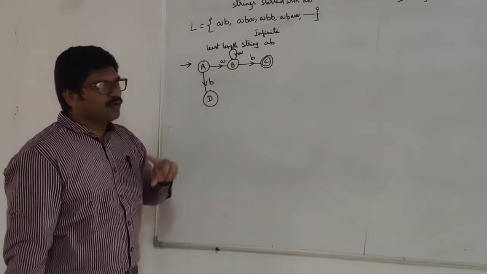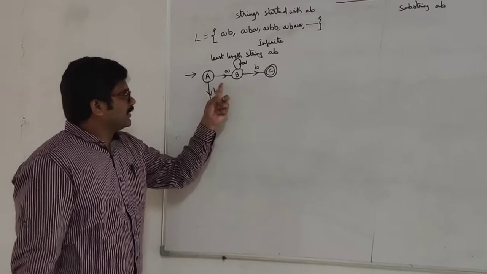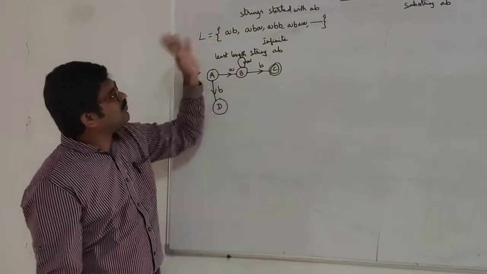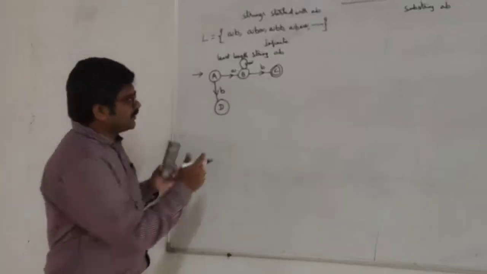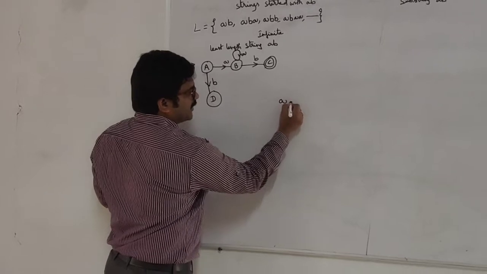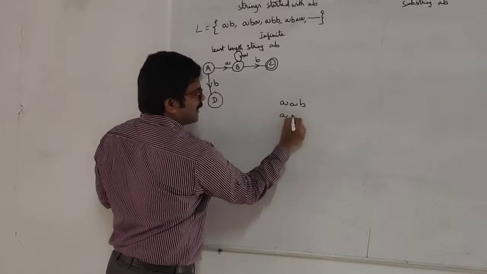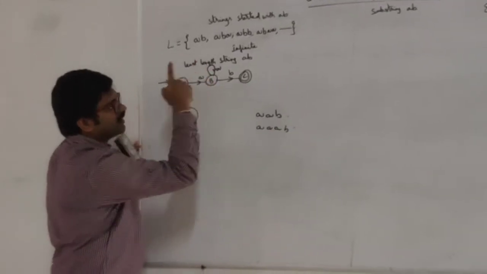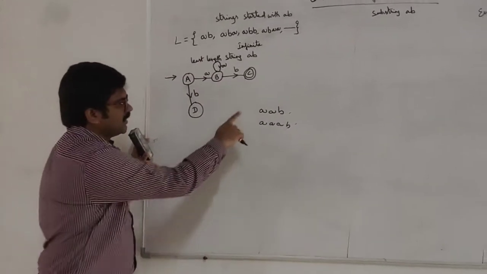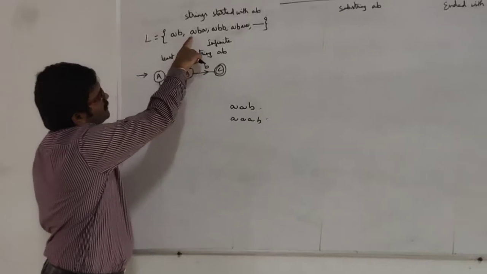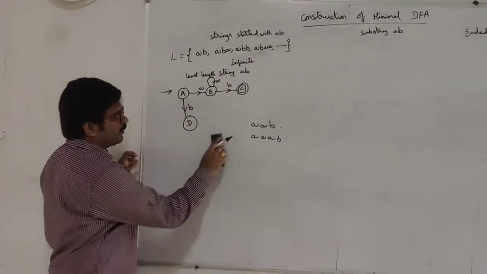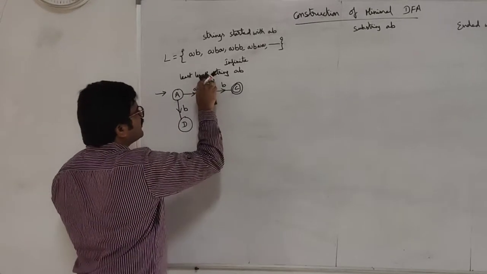With the self loop, ab is accepted, but there are more strings like aab and so on. These strings are not available in the language, because the first symbol is a and the second symbol must be b only. So that's the problem, and that's the reason you cannot give a self loop here.